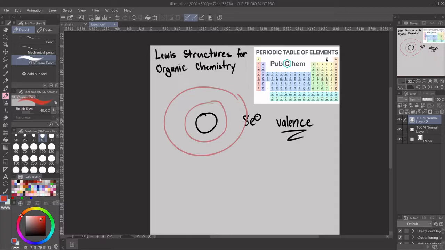The first shell will hold 2 electrons, and then most shells after that will hold up to 8. So in this case, we have 8 electrons total. When we draw in our electrons, 2 will go in the first shell, and the rest, which will be 6, will go in the outer valence shell.